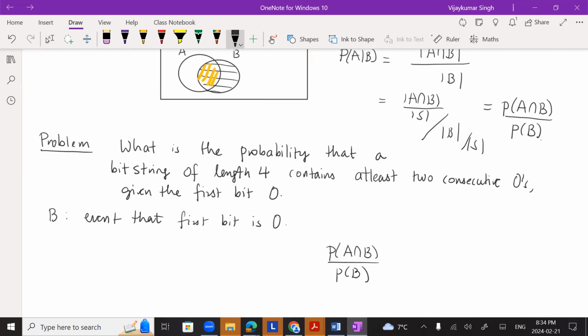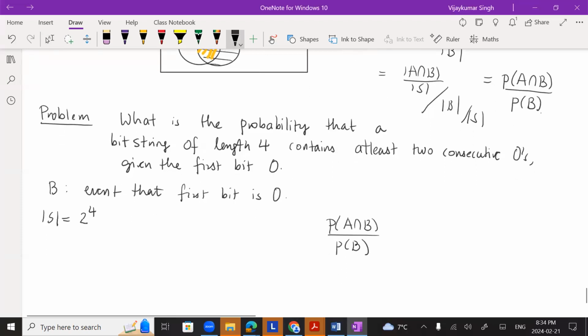In this case, we have to compute probability of B. So we need to know the whole sample space. Whole sample space is all the 4 bits, right? So what are all the possibilities for the 4 bits? 2 to the power 4. Each spot has zeros and ones. Now, what is the probability of B happening? Well, the first one is fixed.